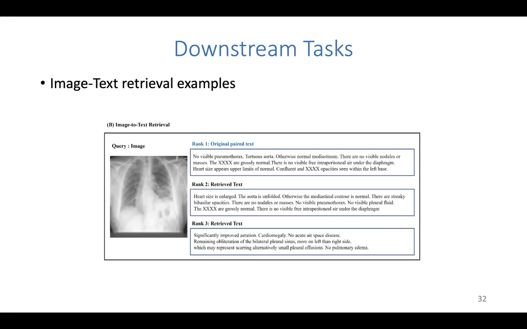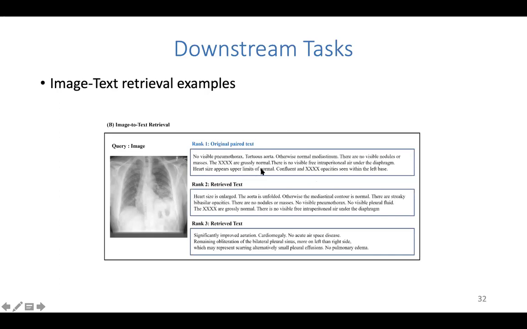If you read this, it says no visible pneumothorax, tortuous aorta, otherwise normal mediastinum. There are no visible nodules or masses. The axis is grossly normal, and so on. Heart size appears upper limits of normal, so heart size is a bit bigger. And if you read the second most relevant retrieved text, it says heart size is enlarged.